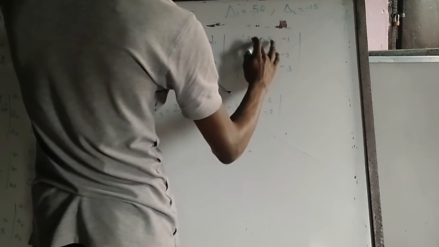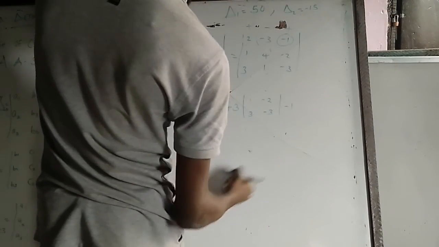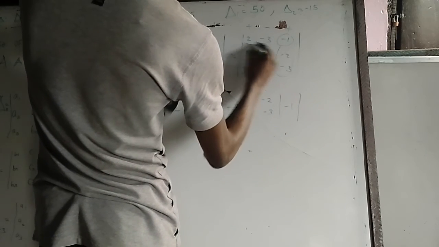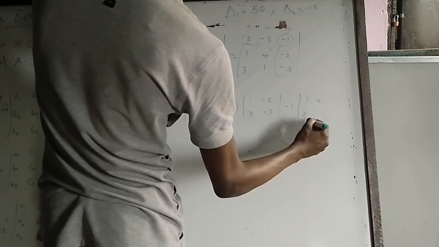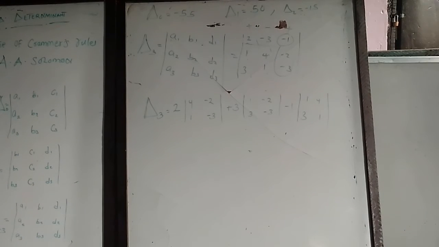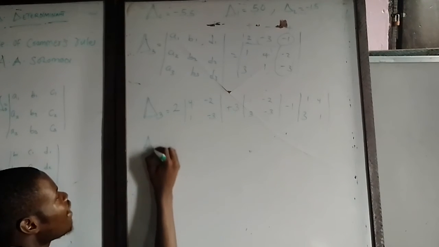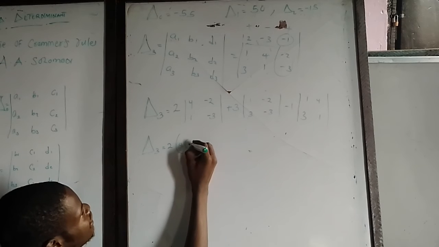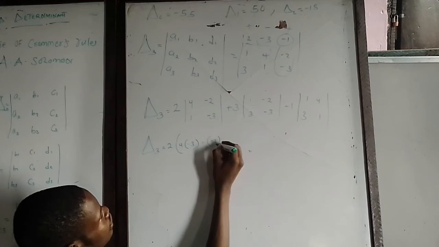So let's take this one too. Minus 1. So you draw your line. You need this and this: 1, 3, then you have 4, and you have 1. Do you understand? So now we are going to proceed. We have our D3 equals 2 open bracket 4 times minus 3, then minus minus 2 times 1.